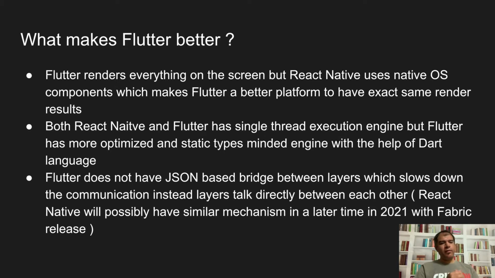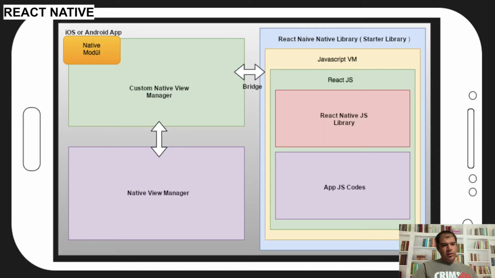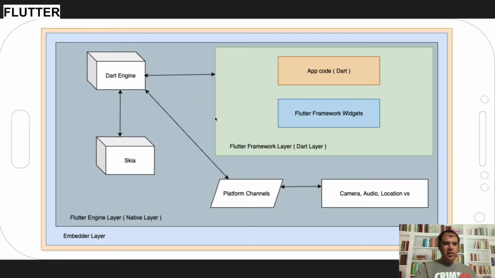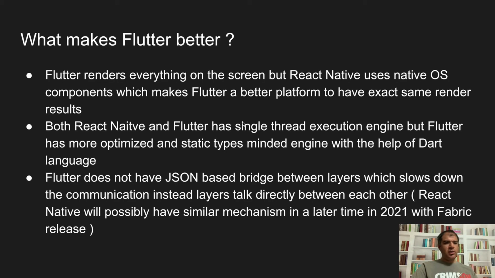Also, Flutter doesn't have a JSON-based bridge. On the React Native side, there's a bridge which communicates by using JSON strings. On the Flutter side, there is no JSON bridge. So this is a good thing for Flutter, because Flutter communicates directly with the native and Dart side.